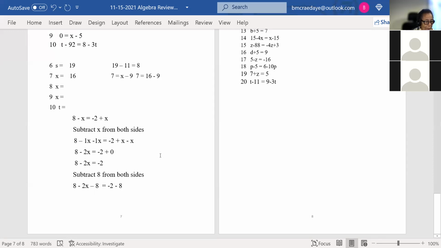So what do we have left on the left side, Maureen? What's left over here? 8 minus 2x minus 8. What's left? Minus 6. How are you getting a 6?